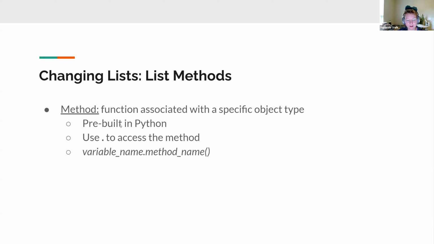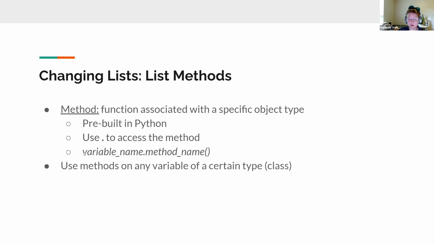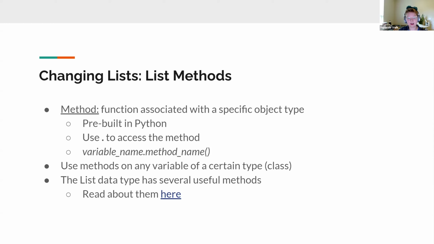And the syntax of this, like I said, is variable name dot method name. And usually you may see these open and close parentheses. You don't always need to put something inside of them. And we can use these methods on any variable of a certain type or of a certain class. The list data type has a bunch of very useful methods.